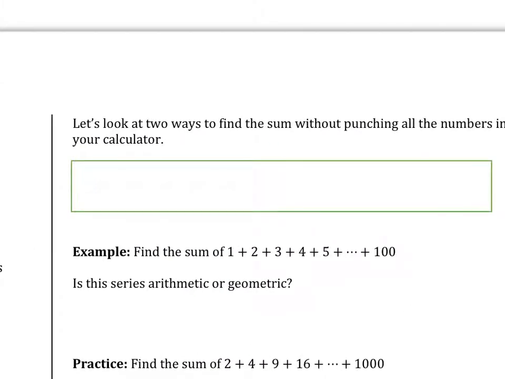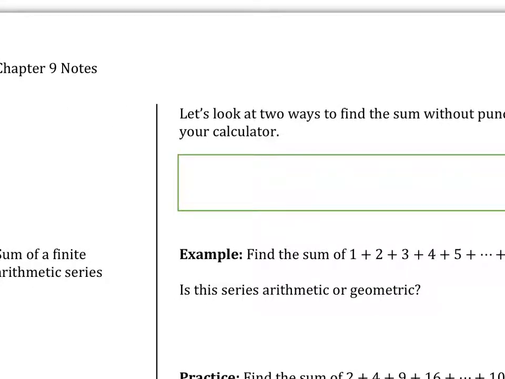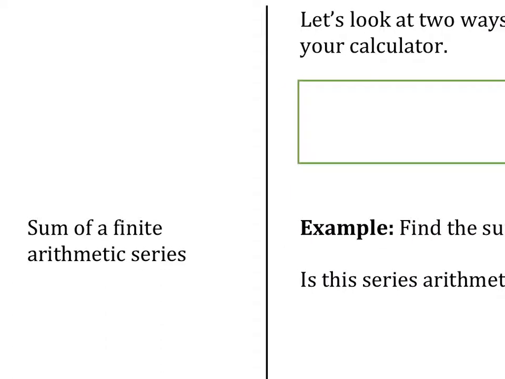I'm going to give you the formula, so you should take out your formula sheet if you don't have that yet. We are going to write in our formula for the sum of a finite arithmetic series. That is the left column, second box, finite series sum. It says finite series sum on your box, and we're going to fill it in for arithmetic.